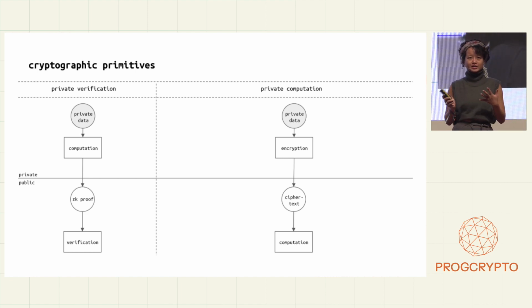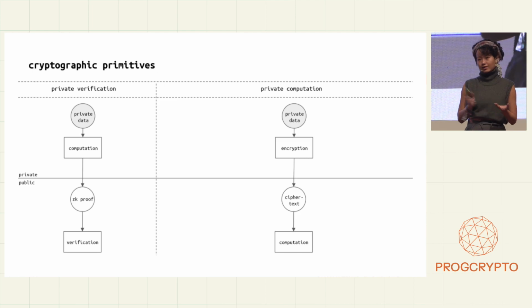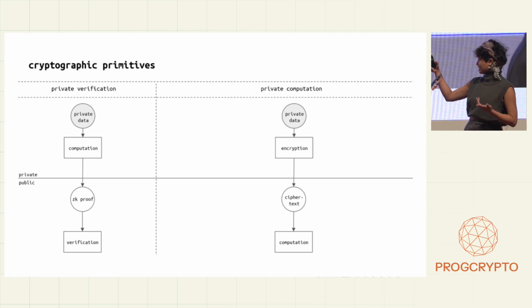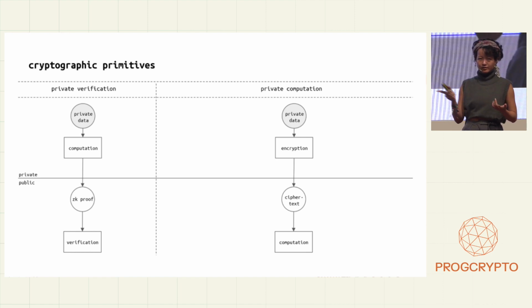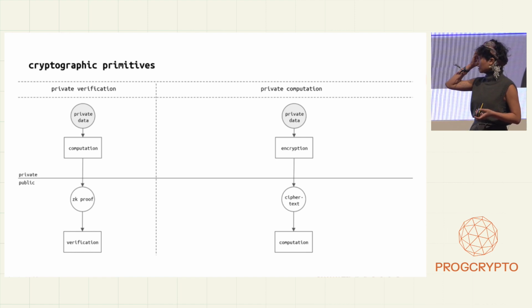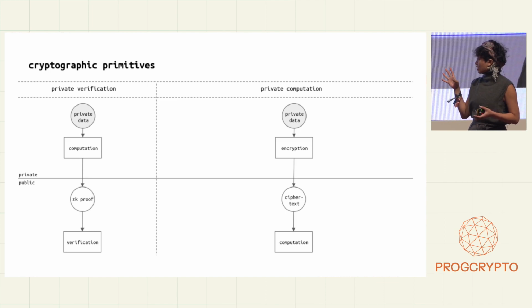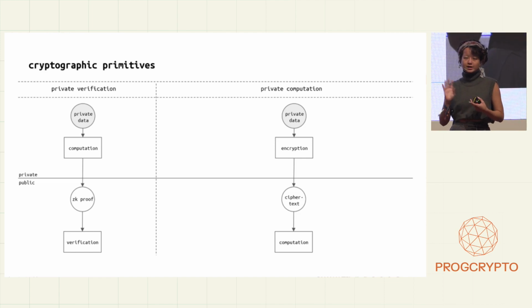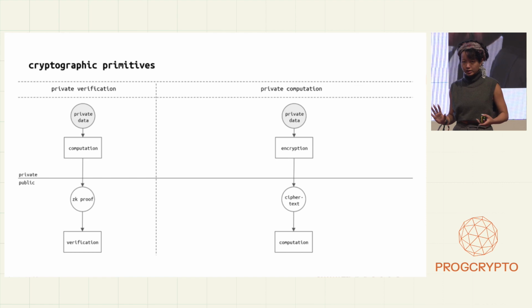So private verification is pretty much zero-knowledge proofs. Or it's also this proof-carrying data that you might have heard of, like in your ZooPass. Like your frog is an example of private verification. So basically, all the computation is done client-side. All the computation is done by a single prover who knows the entire witness.